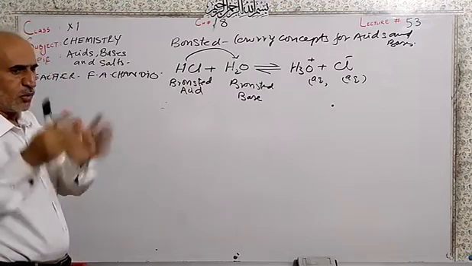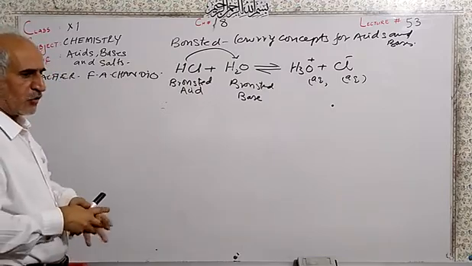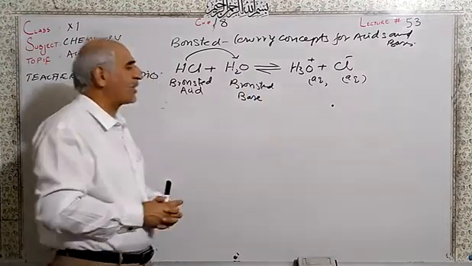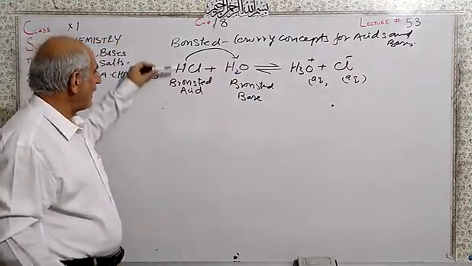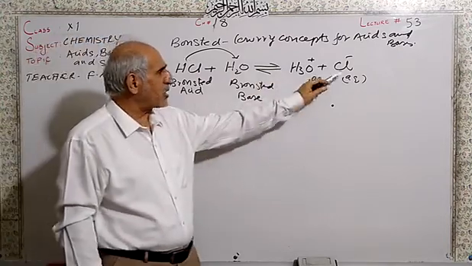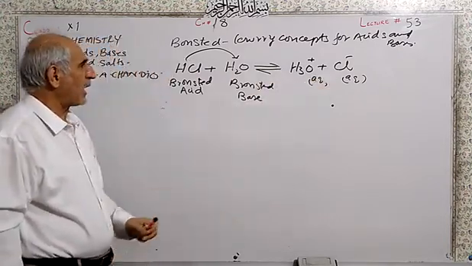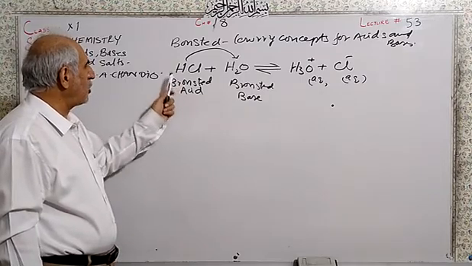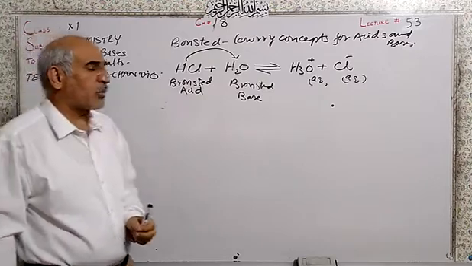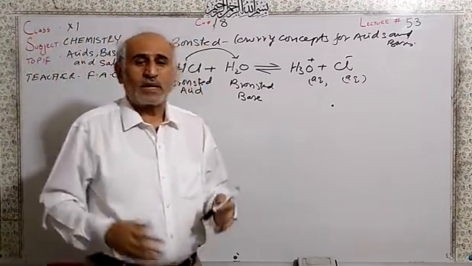Hydrogen is added, a proton is added, so it is called a Bronsted base. And HCl, hydrochloric acid, on the product side becomes a chloride ion. The hydrogen is no more, so it donates a proton. That is why it is a proton donor.